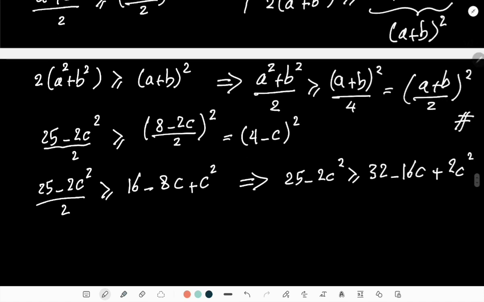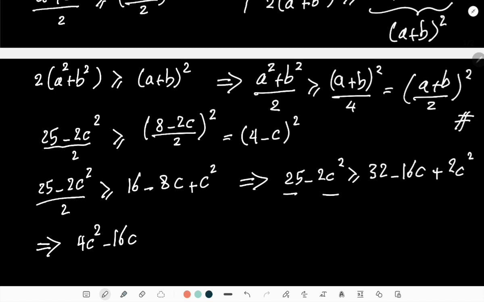And if we organize this inequality a little bit better, then we get 4c squared, this goes to the right side, and this also goes to the right side. Then here we have minus 16c, and 32 minus 25 is plus 7. So that is less than or equal to 0.